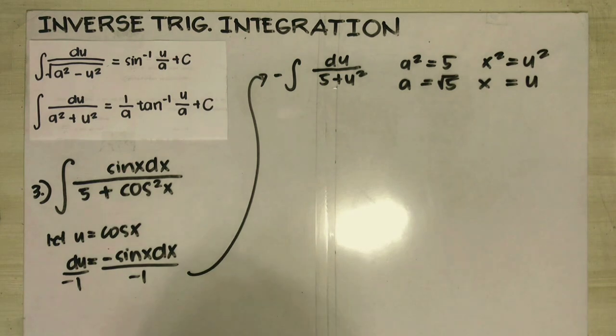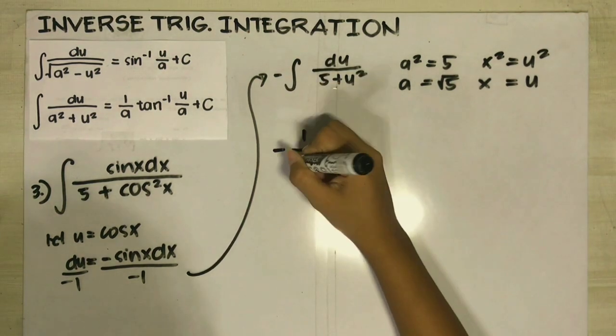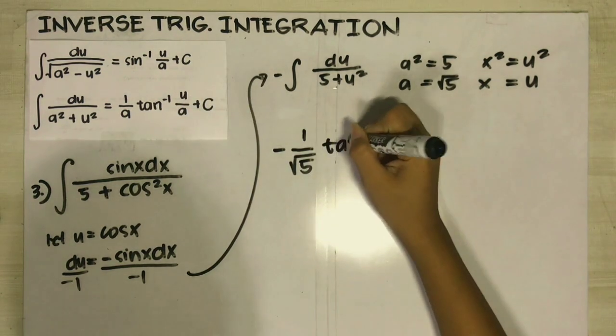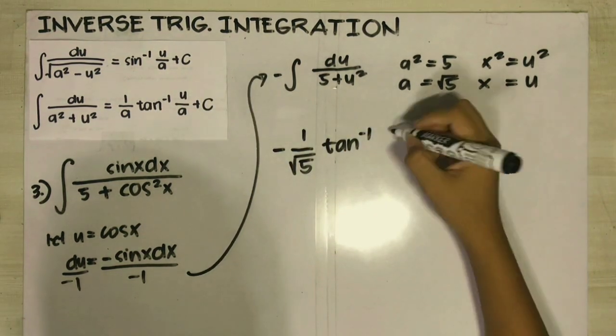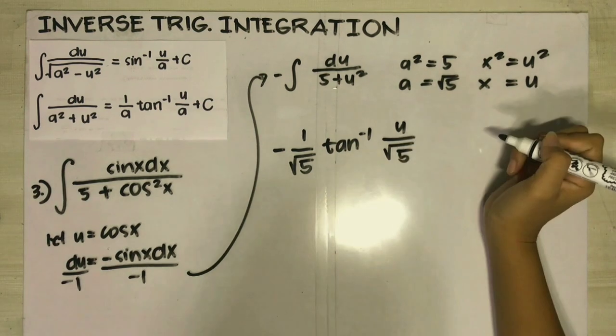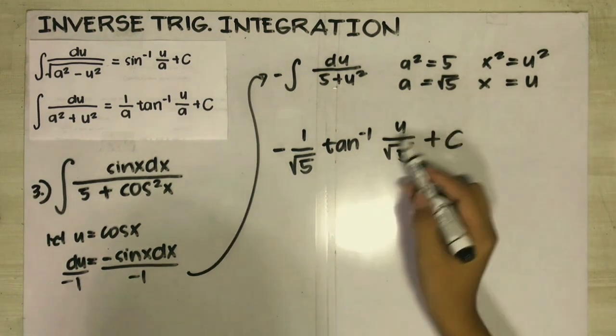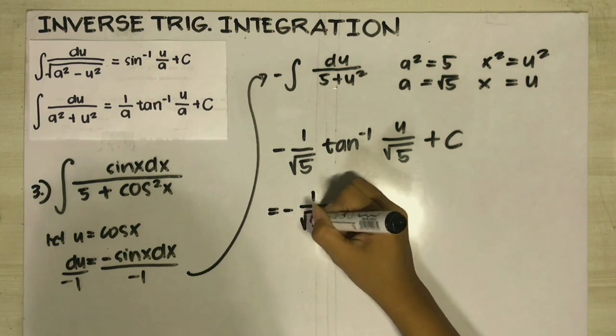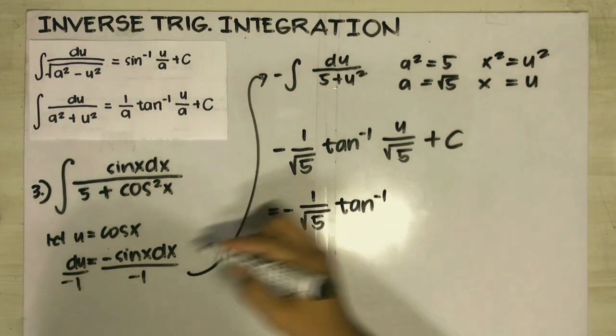Now, we can substitute the values: 1 over the square root of 5 arctangent of u over the square root of 5 plus c. And we substitute the value of u. So the final answer is negative 1 over the square root of 5 arctangent of cosine x over the square root of 5 plus c.